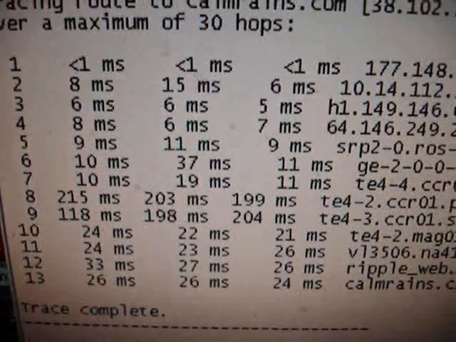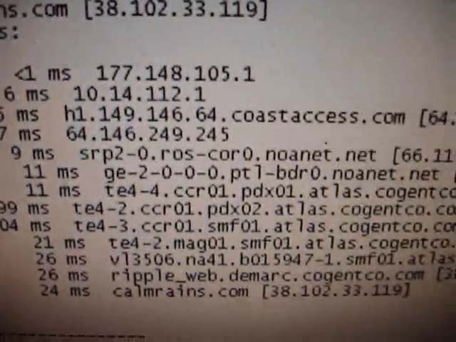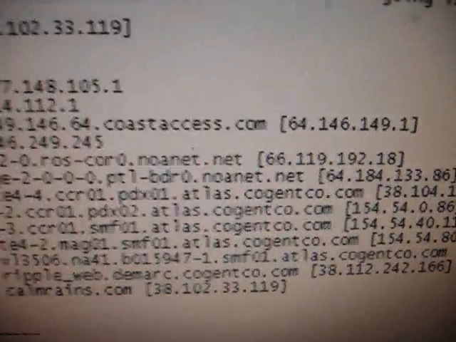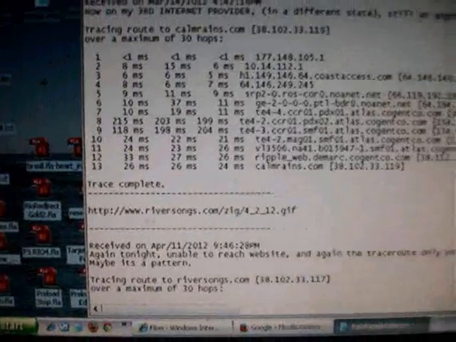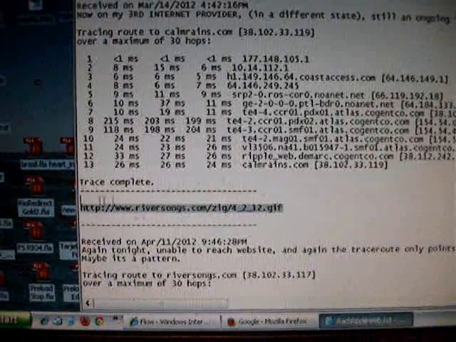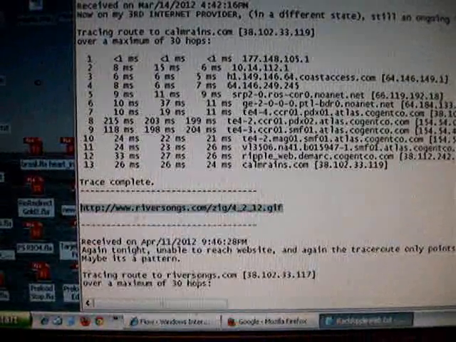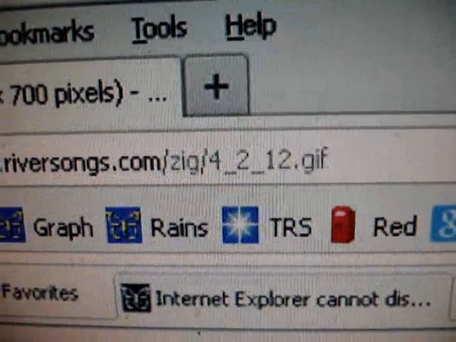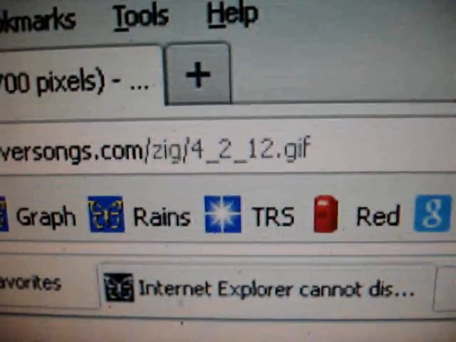Well, look at 8 and 9. Cogent Co again, both of them. Now I have a note here on this notepad, where I have one in my browser, and you can see this was from April 2nd of 2012.